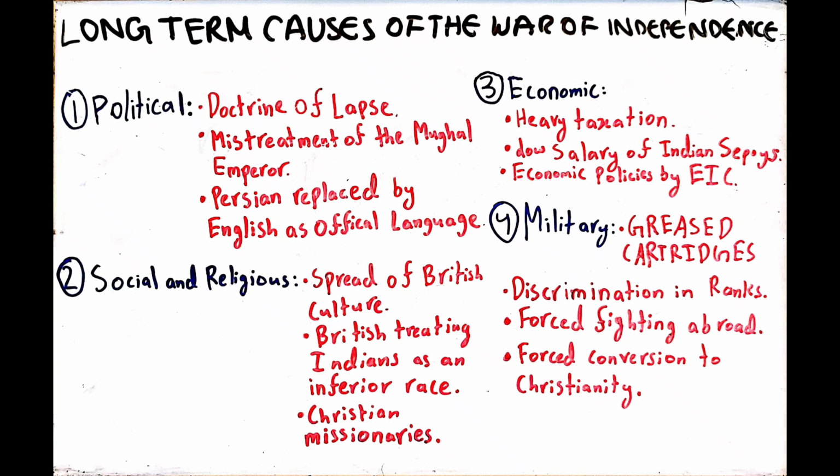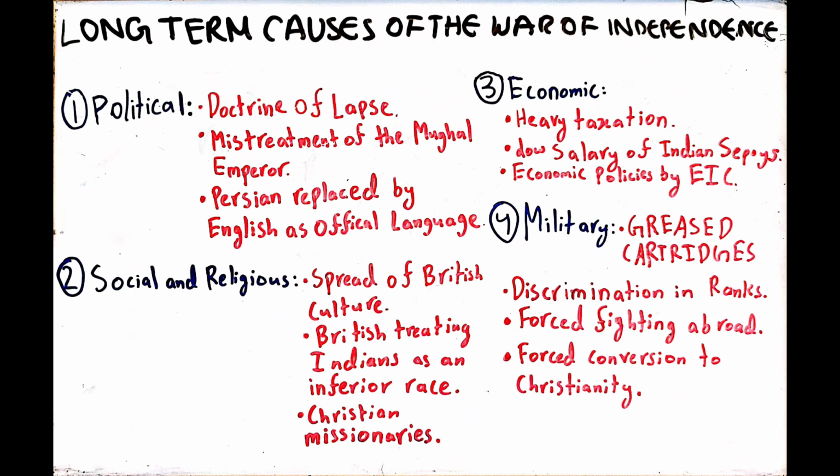And the most important point, the immediate cause of the War of Independence, is the greased cartridges. The British introduced a new type of rifle, where there was a paper cartridge covered in grease to keep the powder of the gun dry.